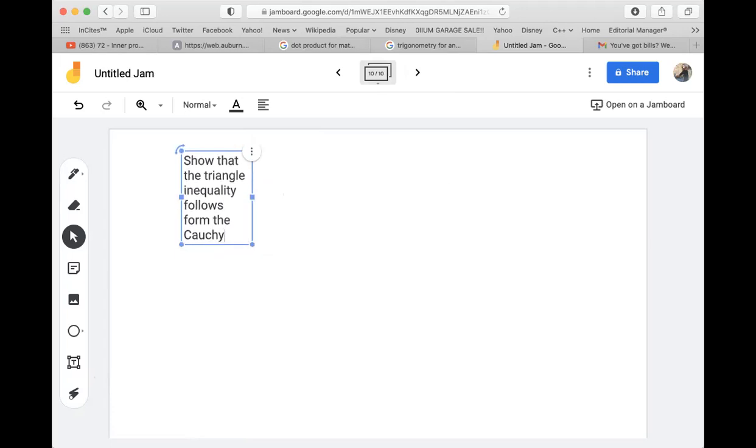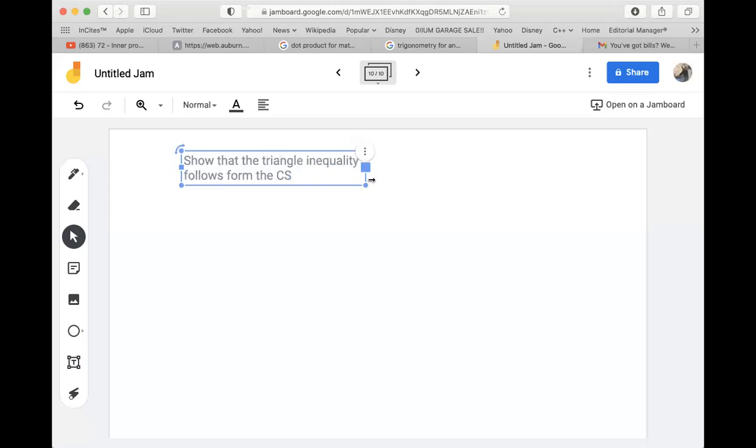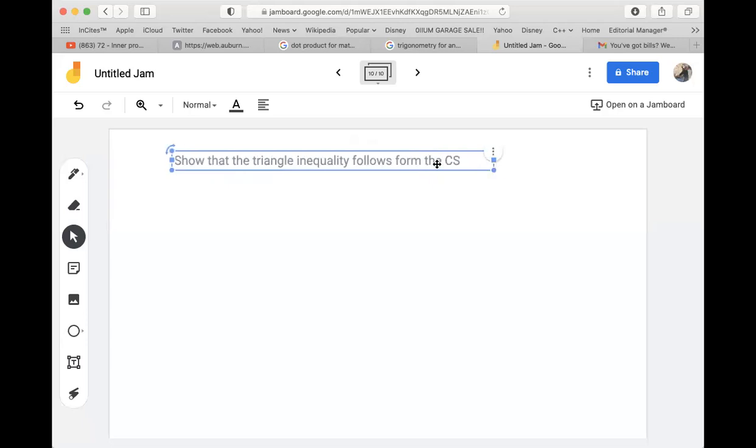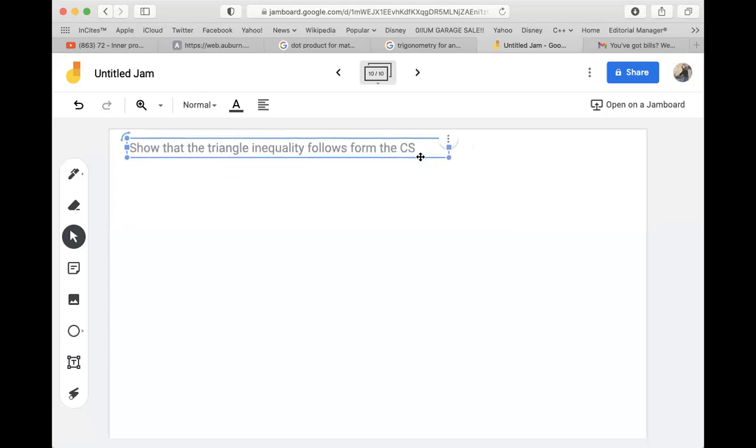Oh, CS. For Bunyakovsky, it is not that well known. Usually people will say that they are following the Cauchy, so I make it short to CS.